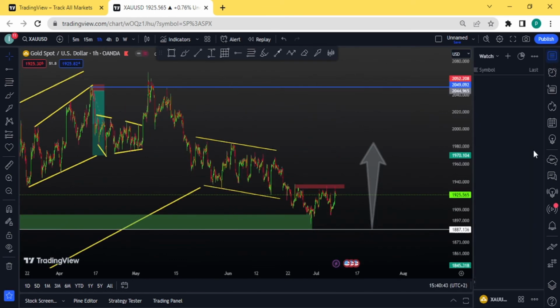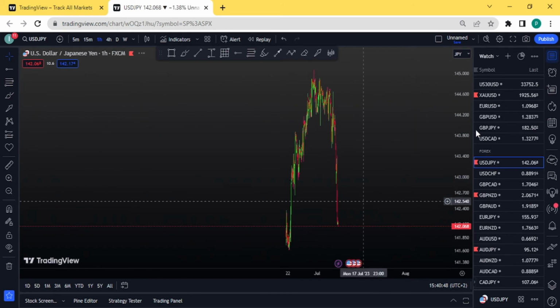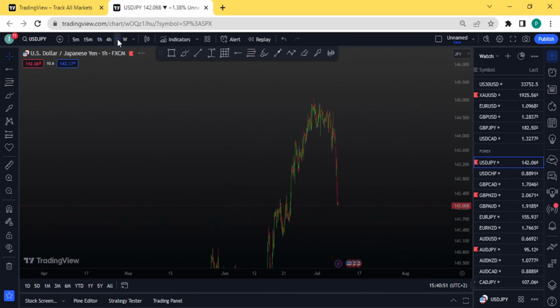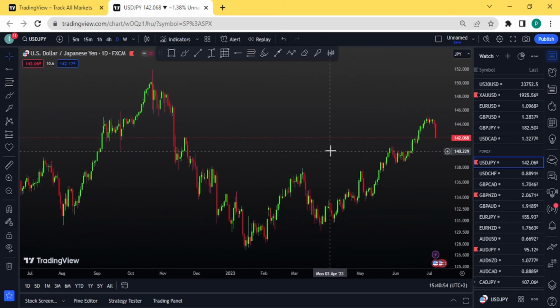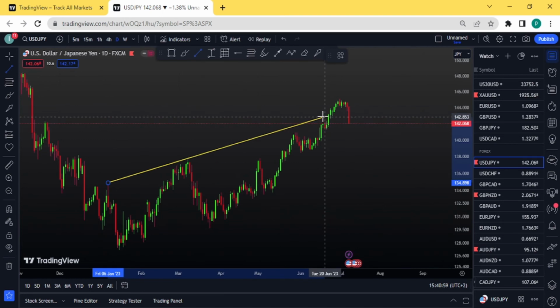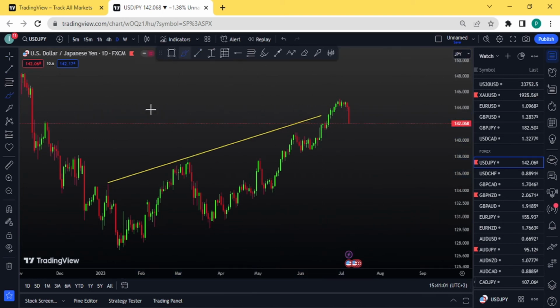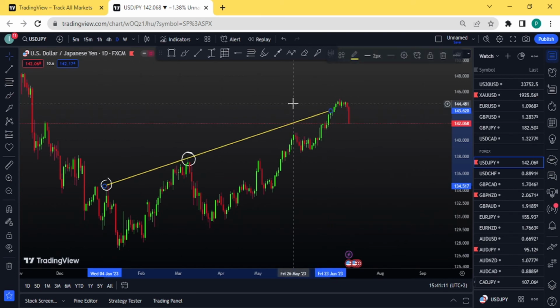So I'm going to also cover USDJPY, starting from a daily time frame. What we can see is that price acted as a resistance here, also acted as a resistance here, and now it broke that trend line here.